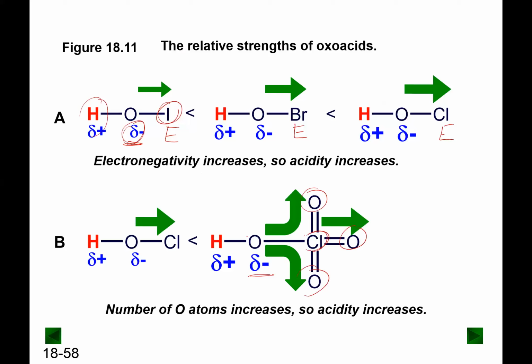Oxygen is fairly electronegative, but if we pull the electrons away from it, that decreases the size of this partial negativity. We decrease the size of that, we make that a better acid. And so basically acid strength means the hydrogen comes off more easily. That's a stronger acid.